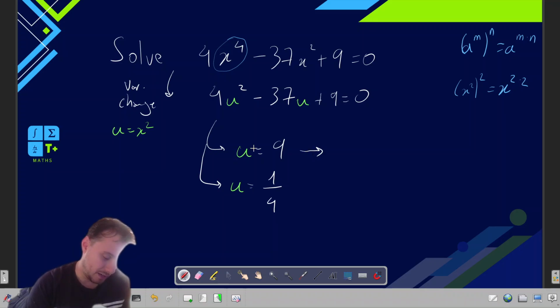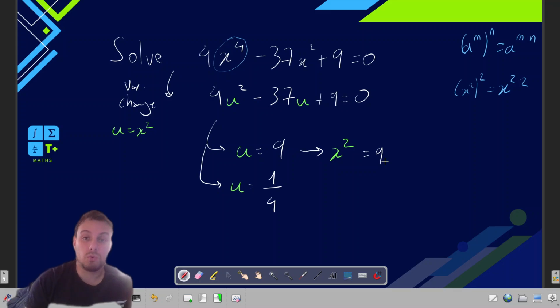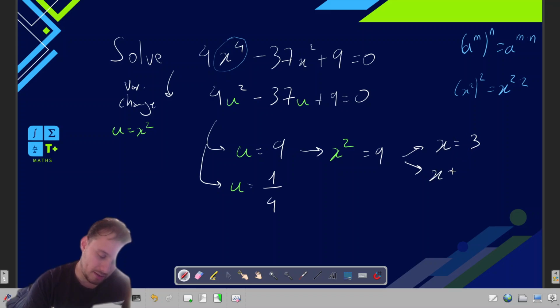So what am I getting here? Well, u is equal to 9, but u was x squared. So x squared is equal to 9, and then I know that I have two different solutions for x: 3 and -3. And over here, if u is equal to 1/4, this means that x squared is equal to 1/4.